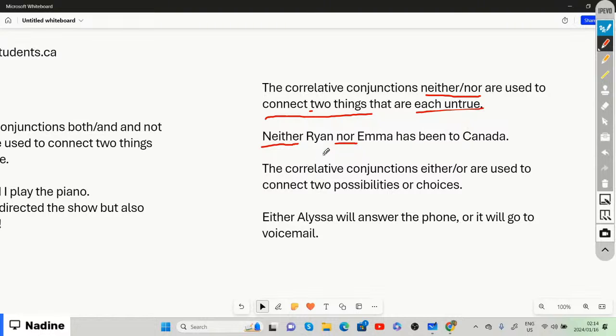And then we have the correlative conjunction either or, and these are used to connect two possibilities or two choices.